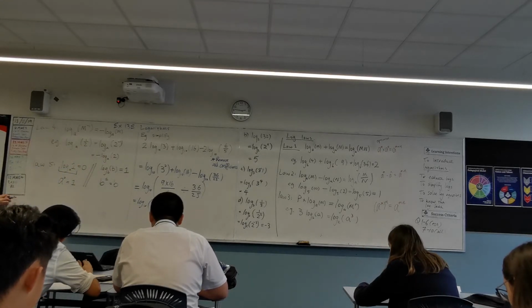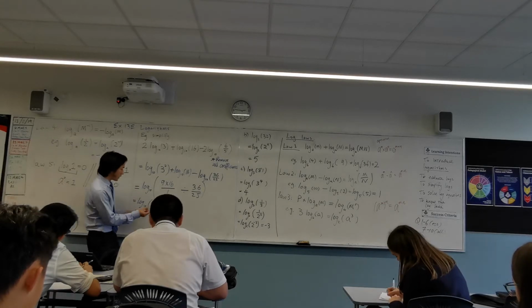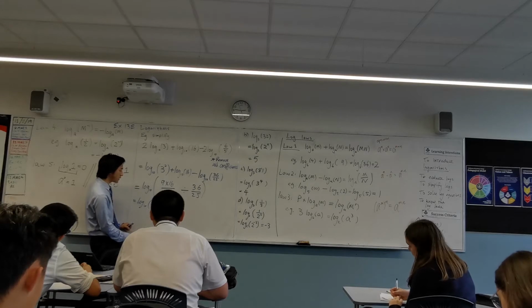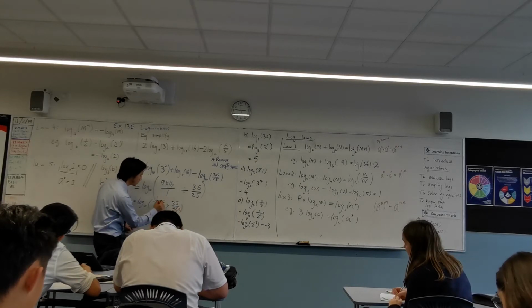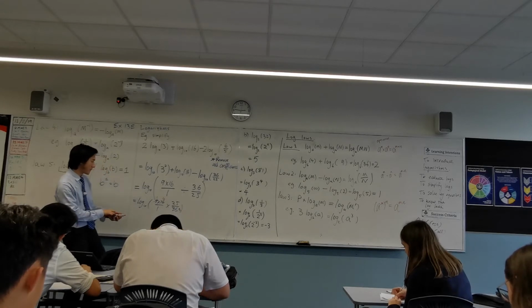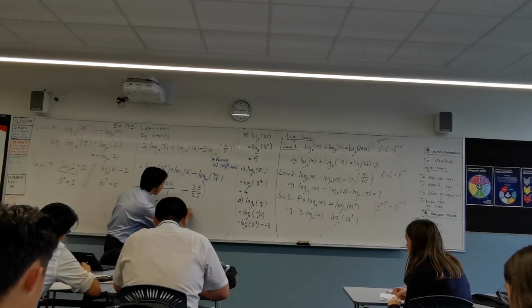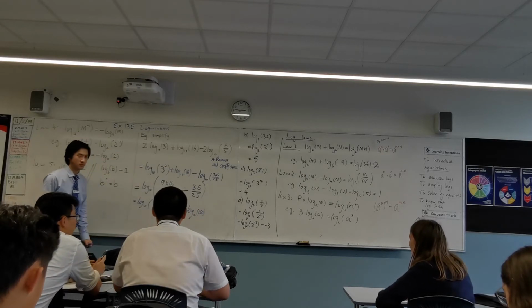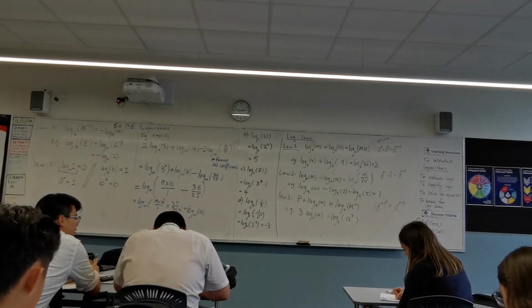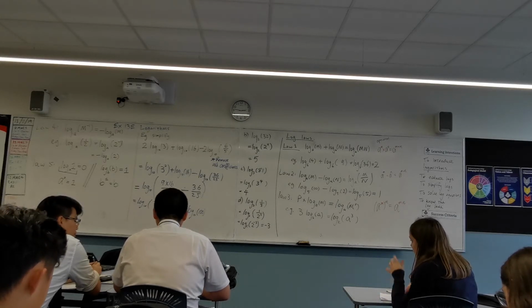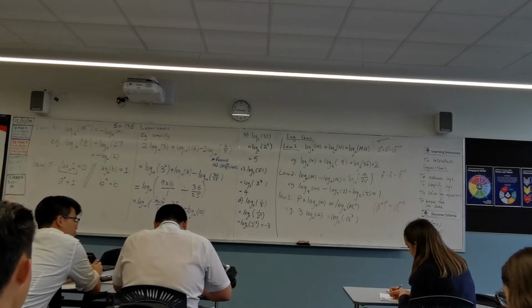Almost done. Let's simplify. 9 can be found in 36. So 9 times 4 is 36, and 4 and 16 can simplify. So we've only got 4 times 25 remaining, which gives log base 10 of 100. We're almost at the end. All that's left is to evaluate this logarithm.